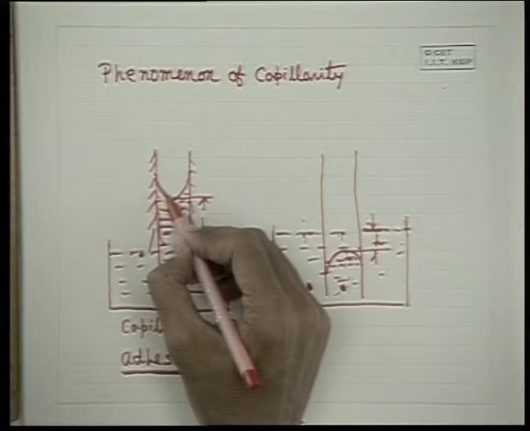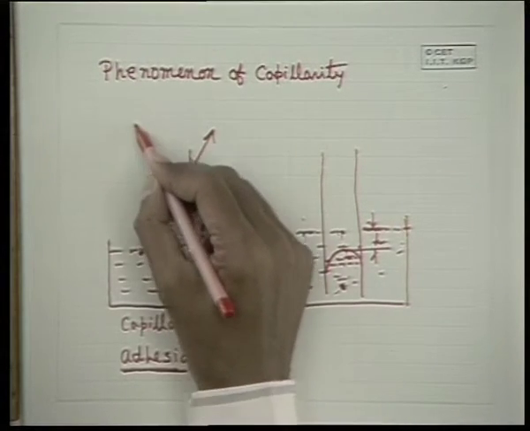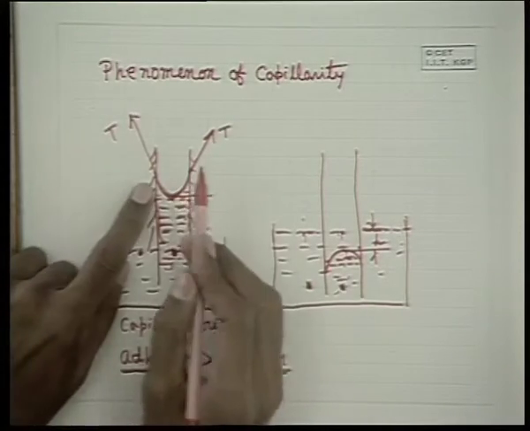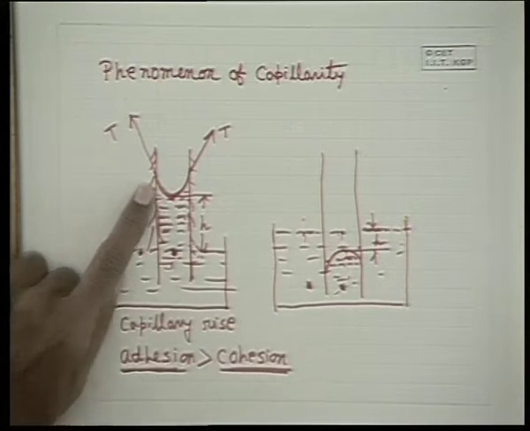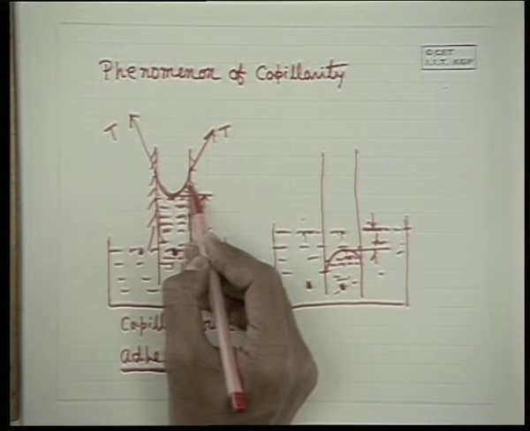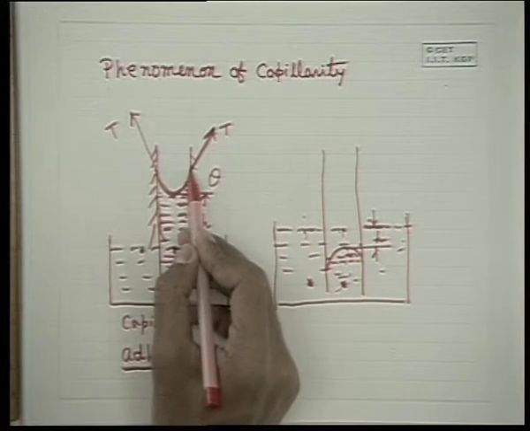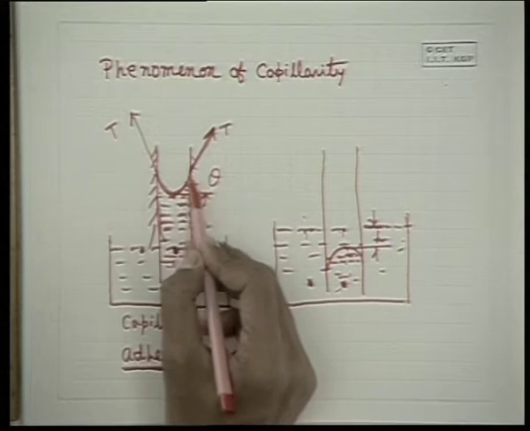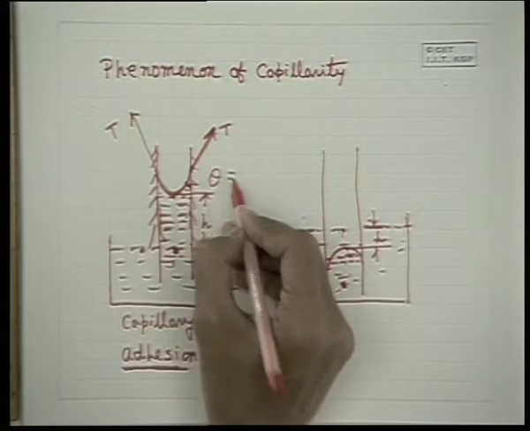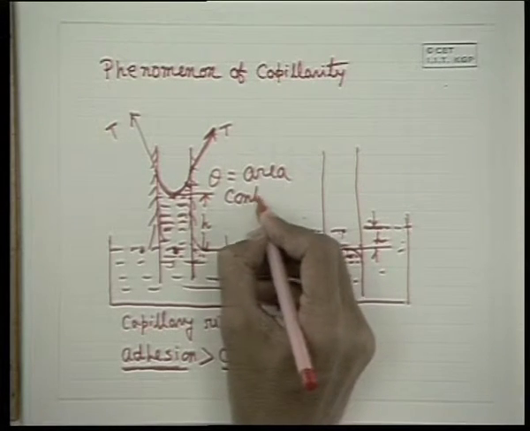If this is the interface, the surface tension force T acts throughout the periphery, in the linear element, with an angle. Let this angle be theta. The direction of the surface tension is tangent to this surface, with the vertical surface of the tube at angle theta. This angle is known as the contact angle.